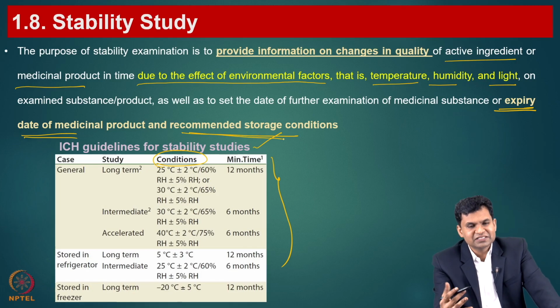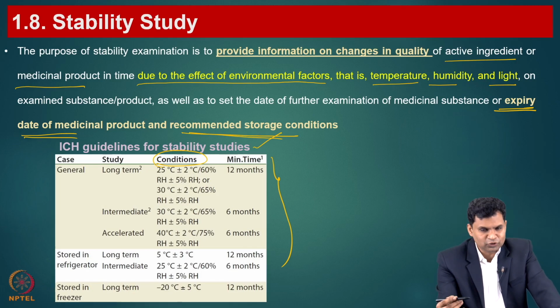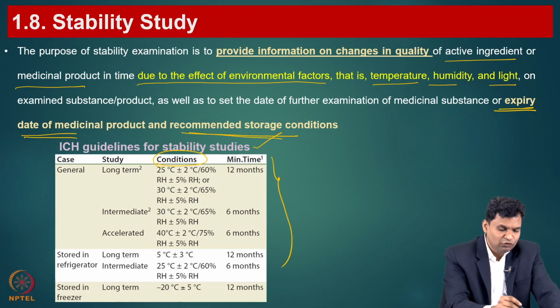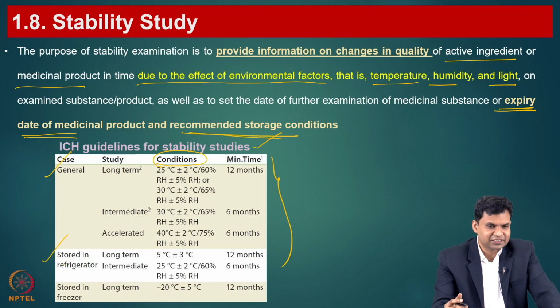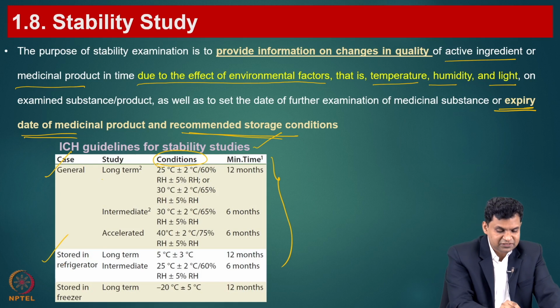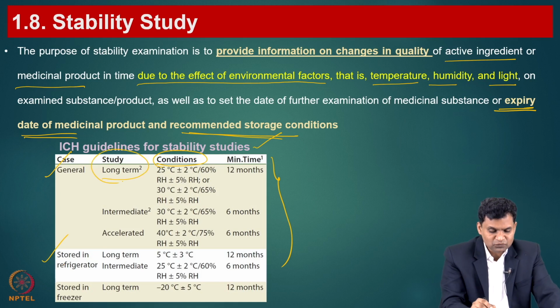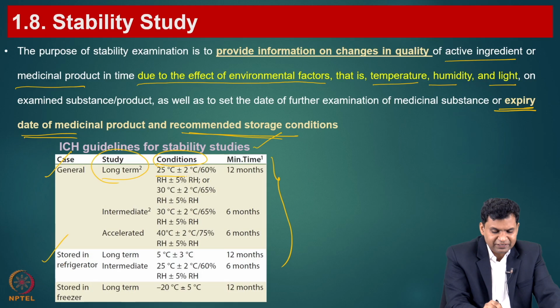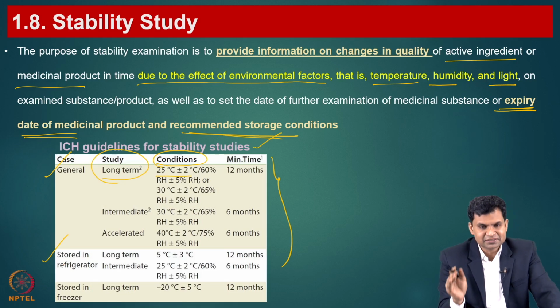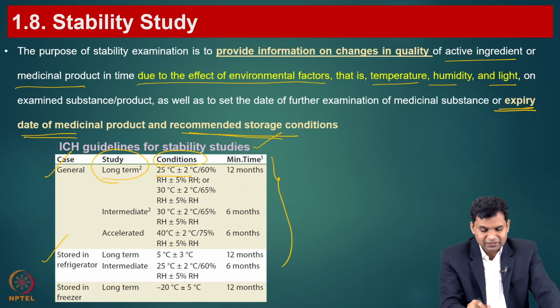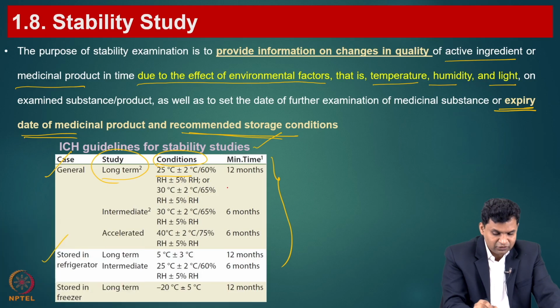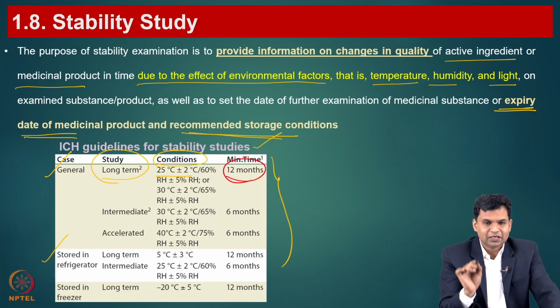While performing stability study of any ophthalmic or any type of formulations, we can follow these guidelines. In general, this is the long term study. Here we maintain 25 degrees centigrade plus or minus 2 degrees and 60% RH, or 30 degrees centigrade plus or minus 2 degrees and 65% RH, for 12 months, which is called long term.